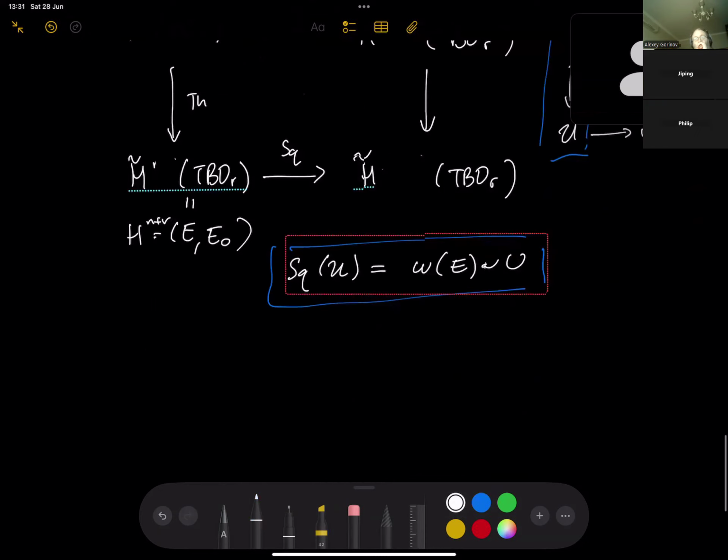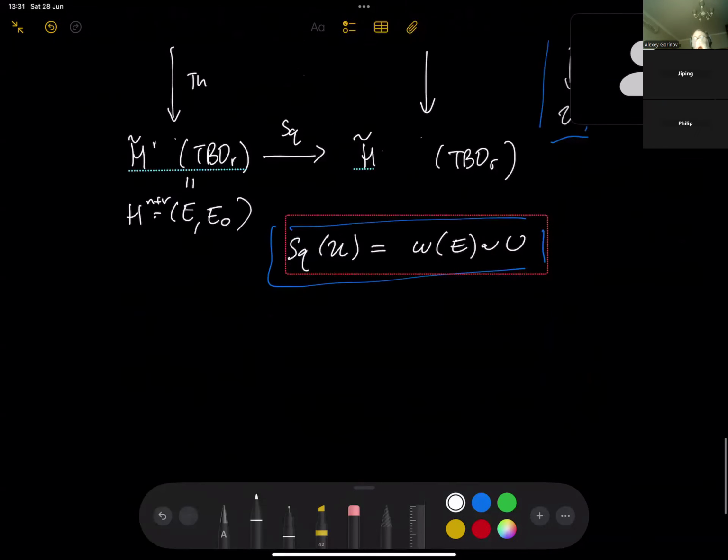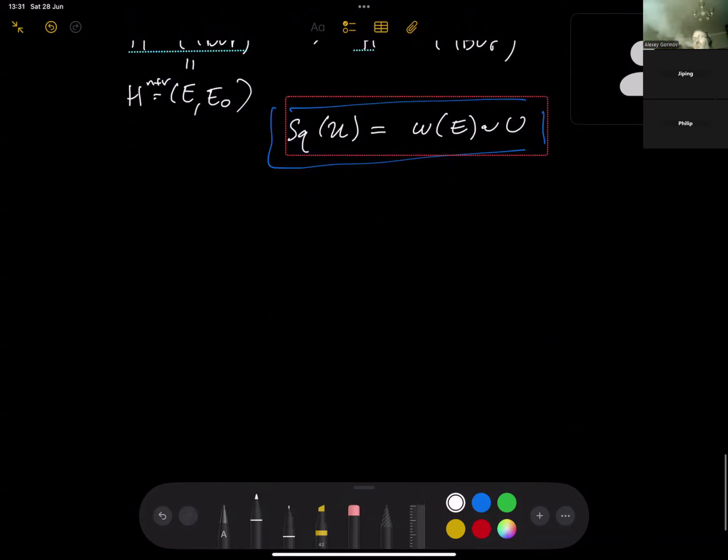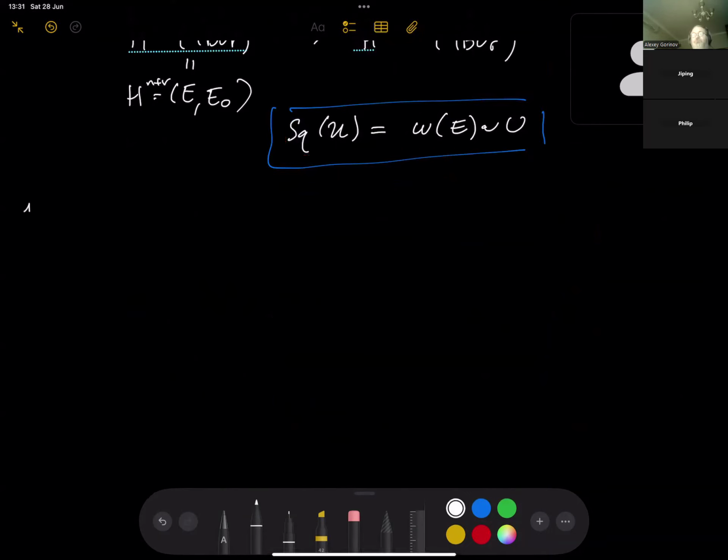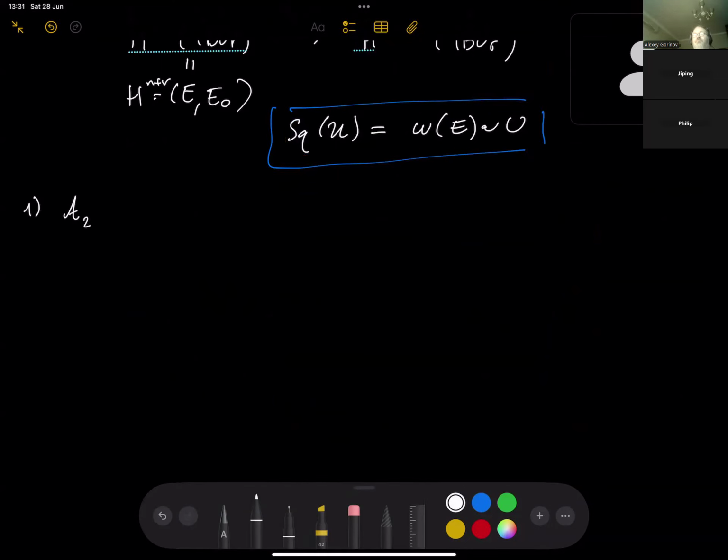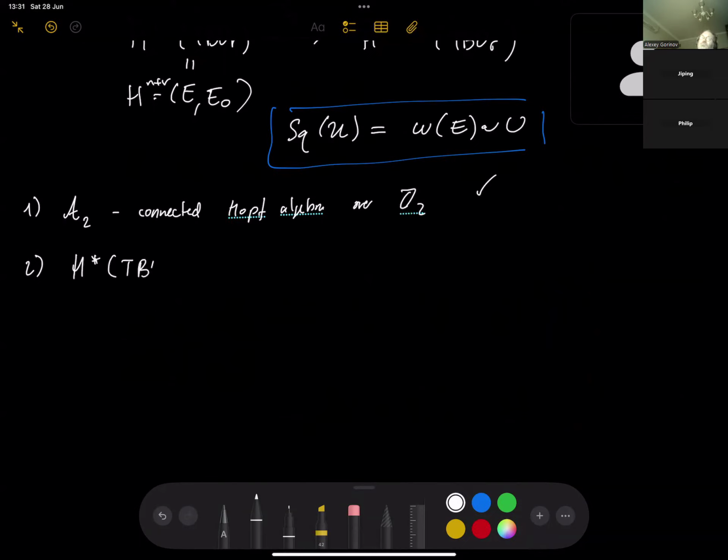Okay, cool. The first thing is a general fact: A2 is a connected Hopf algebra over Z2. So that's the first condition satisfied. Then the second condition: how is the coalgebra structure given?